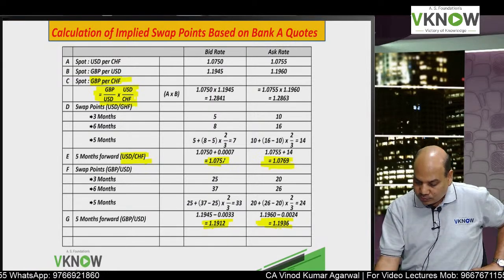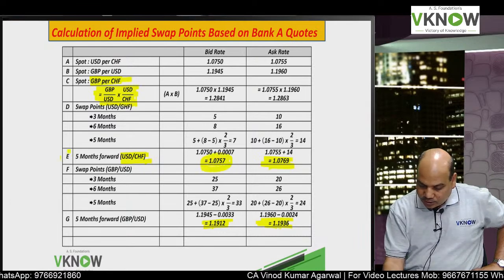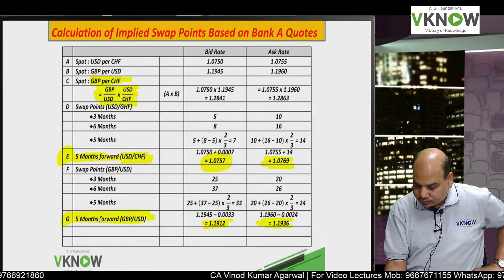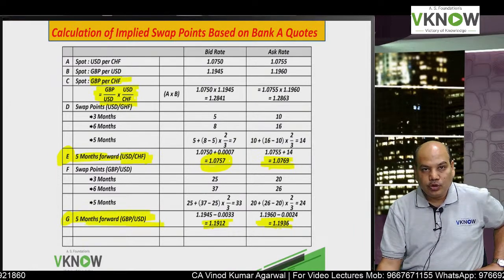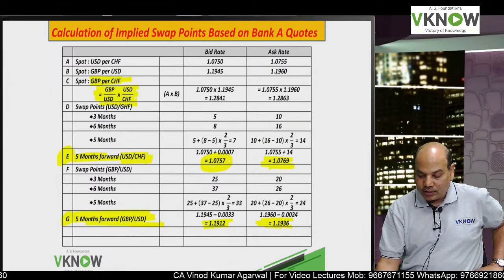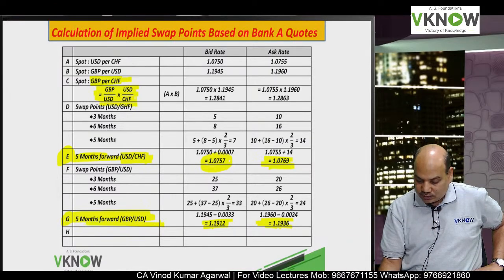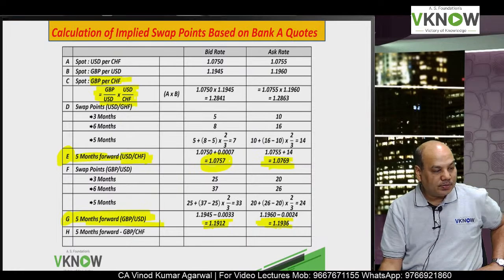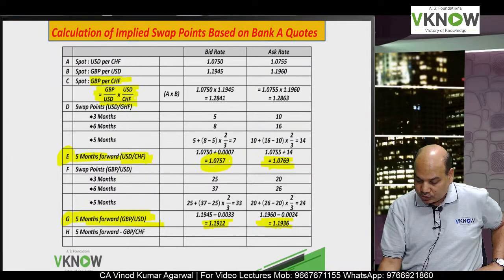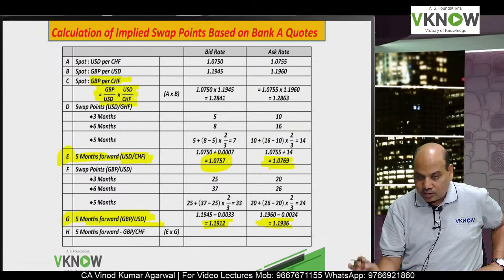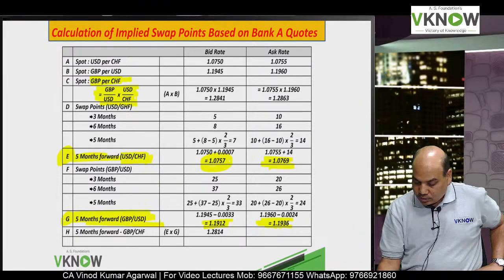So what do you do? Multiply point number E and point number G. What will you get? You will get the 5-month forward GBP per CHF. So just multiply point number E into G. That will give you 1.2814.